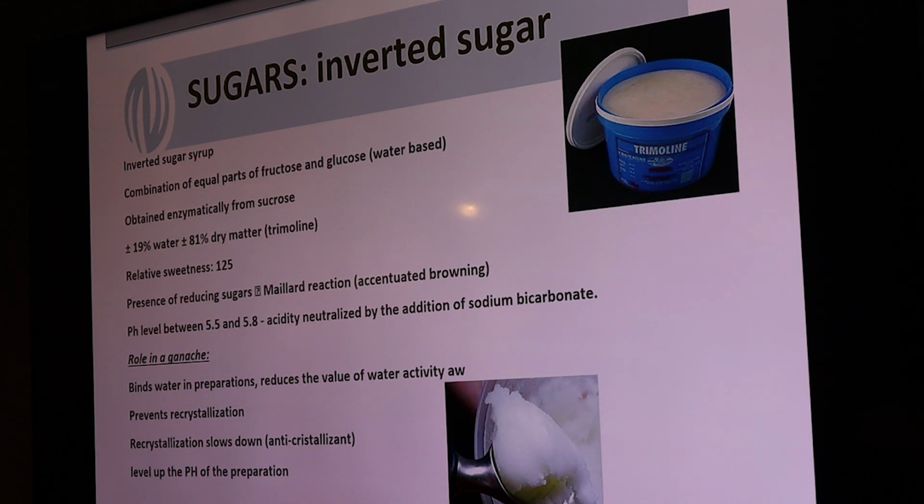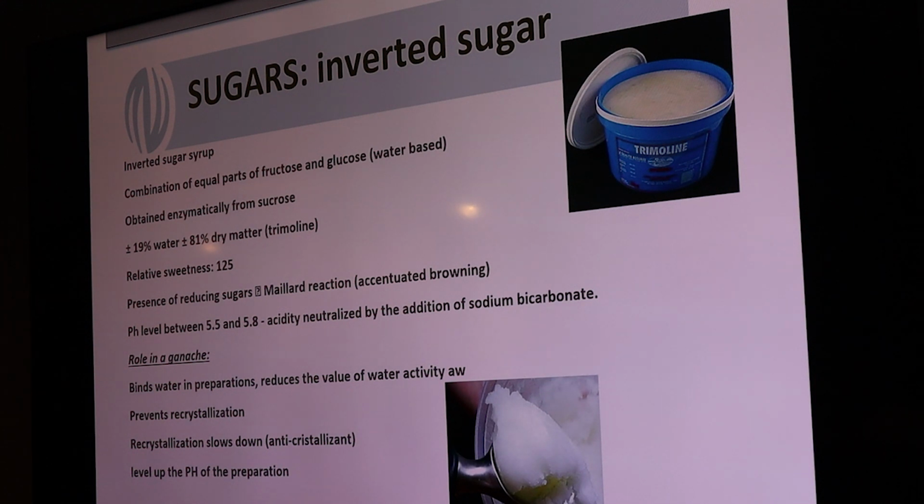When you have inverted sugar in your recipe, it will keep the ganache from drying out, especially a dark ganache, which has 60-70% cocoa mass. It will easily dry out if you don't have any kind of inverted sugar.